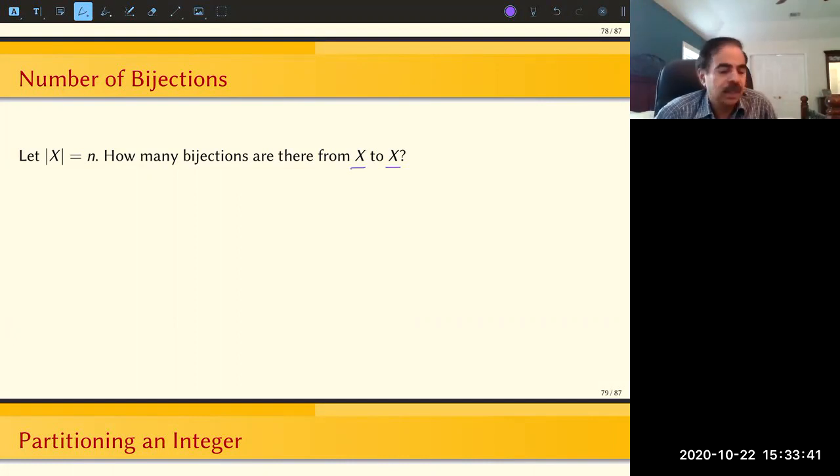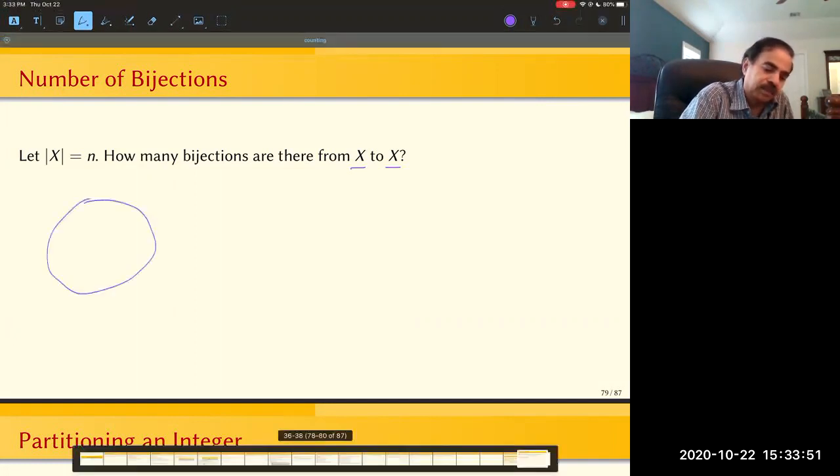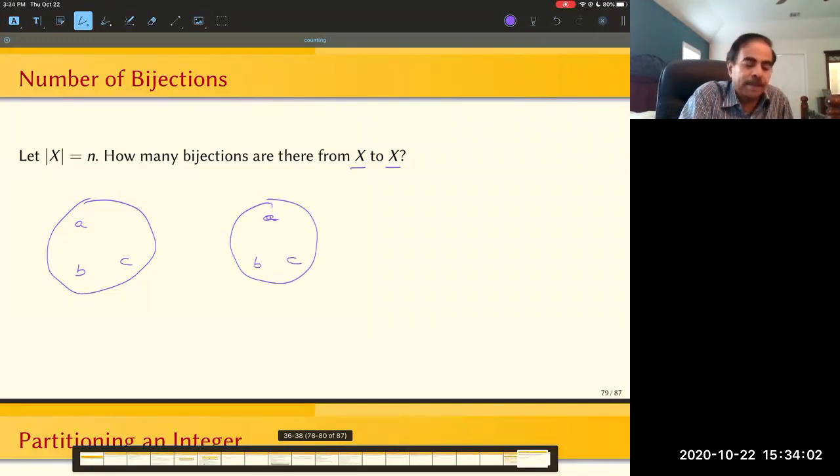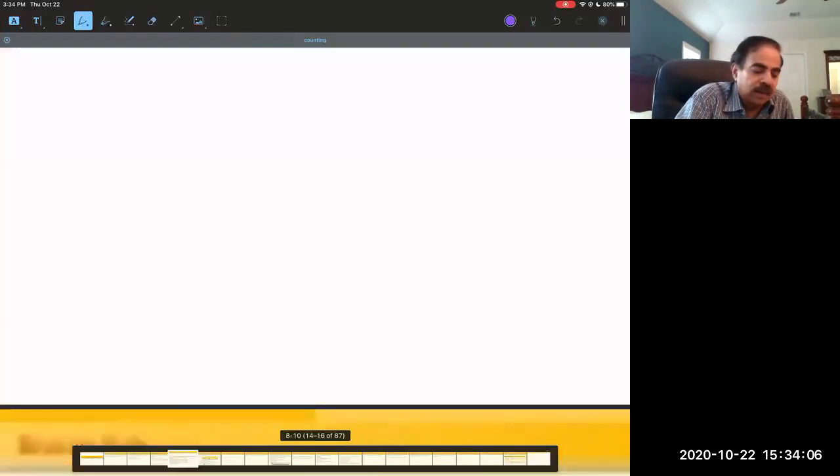It is a function, so let's take an example.